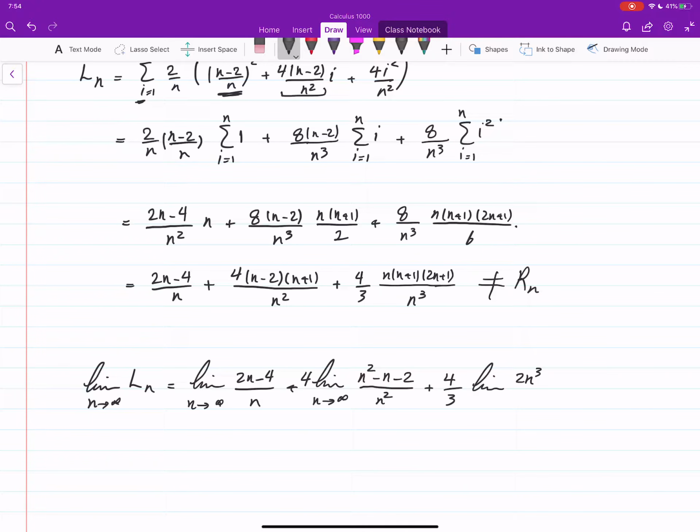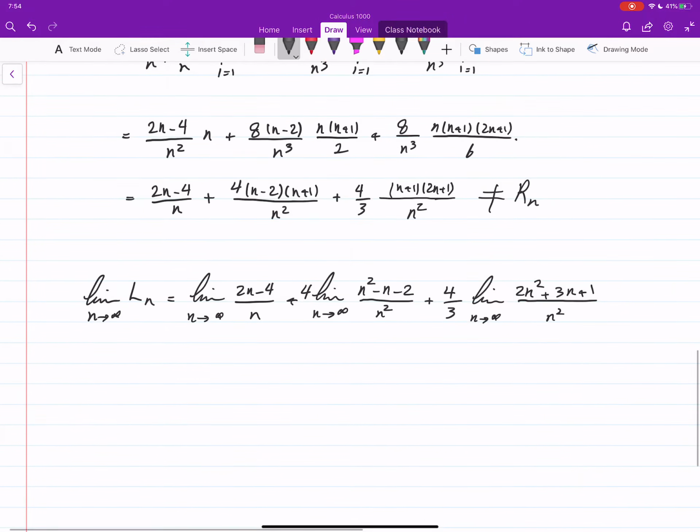Oh, I could have simplified that, I could have written this one as n squared. And you either do the highest power in numerator and denominator or L'Hopital's rule. You get 2 plus 4 plus 8 over 3. And that gives us 18 plus 8 over 3, which is 26 over 3.